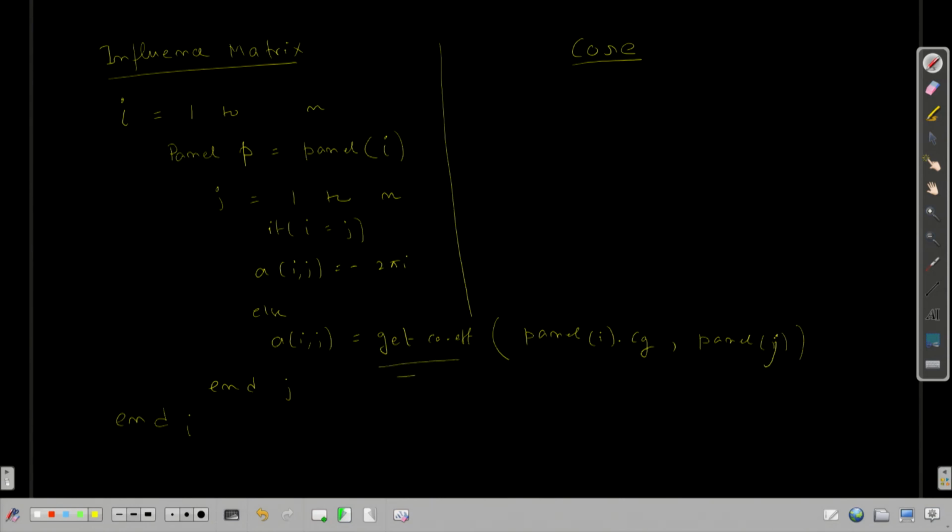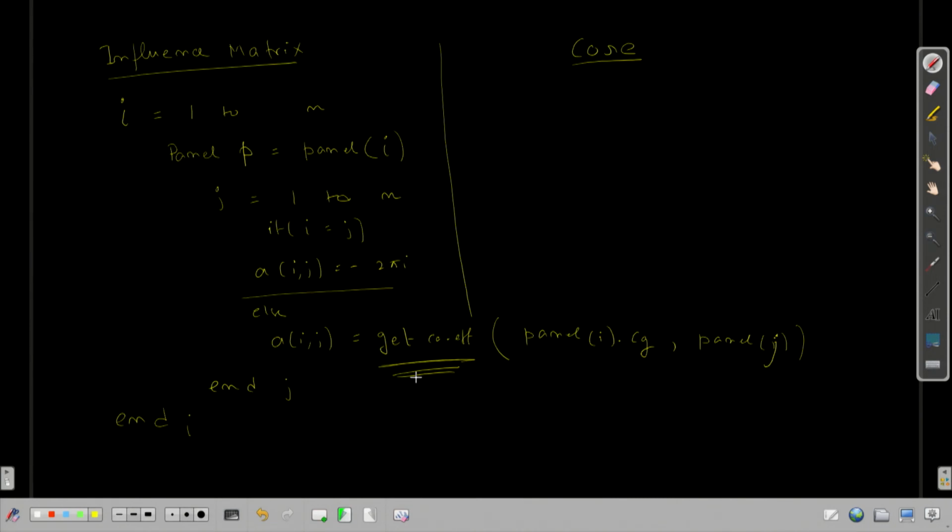So, you see here, if anybody reads this program, he understands very easily that when i equals j, I am getting minus 2 pi, and when i is not equal to j, I am calling a function which gives me that coefficient.